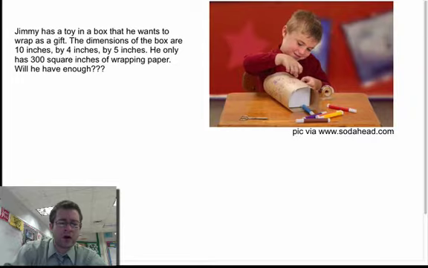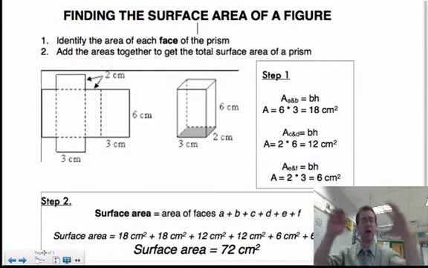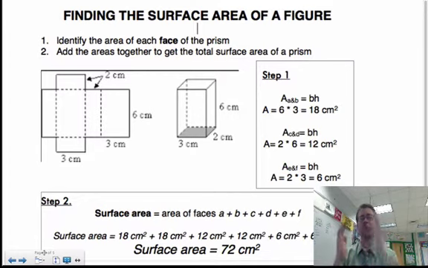Okay, so surface area is basically the area covering each face of a three-dimensional figure. For us, it's the rectangular prism. And so I need to find it of this face, this face, this face, this face, this face, a total of 6 faces.